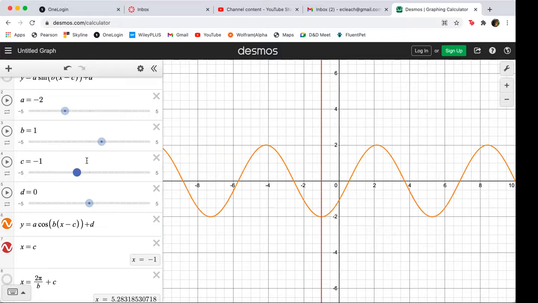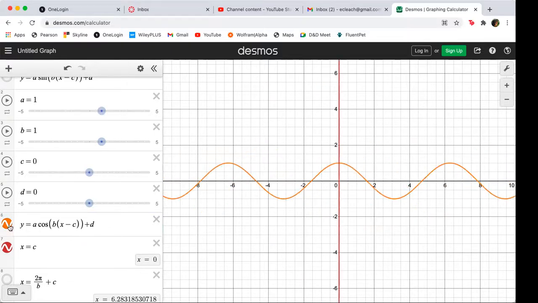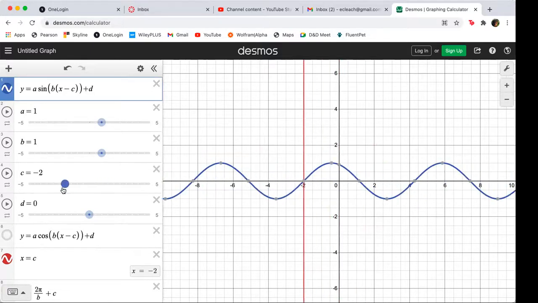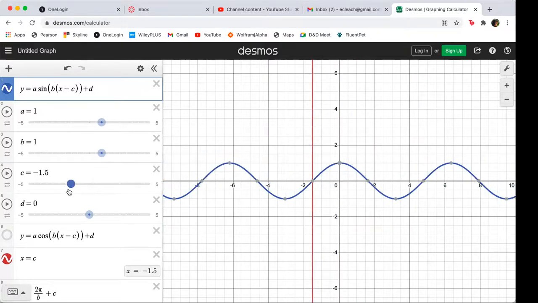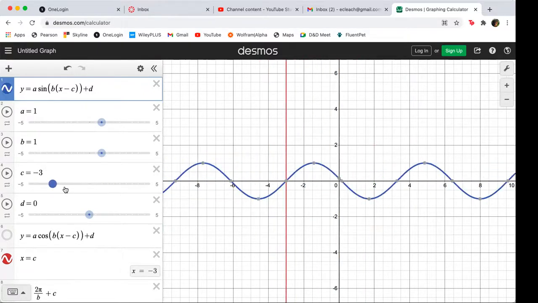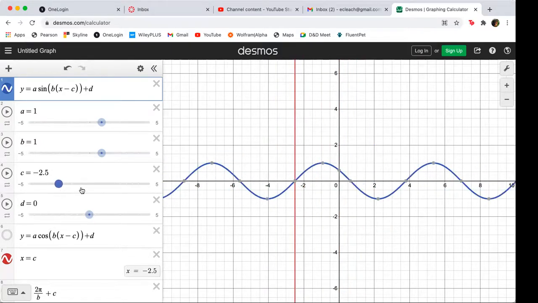Same thing happens with sine. Switch back to defaults. A positive sine starts off at the middle going up. Whatever the value of C is, the starting value is the middle going up. So C is identifying where the middle going up is happening.